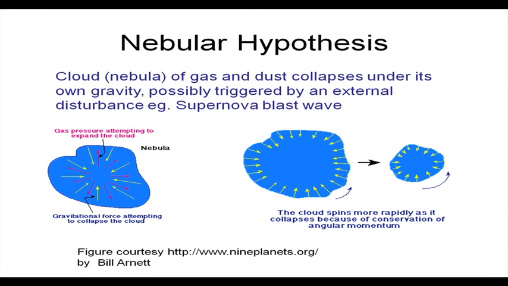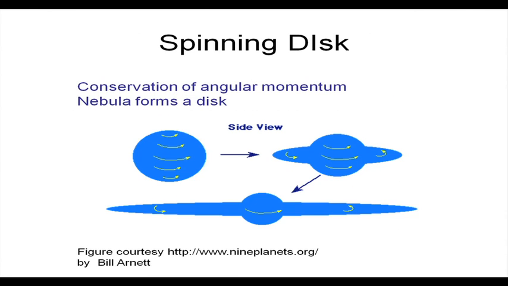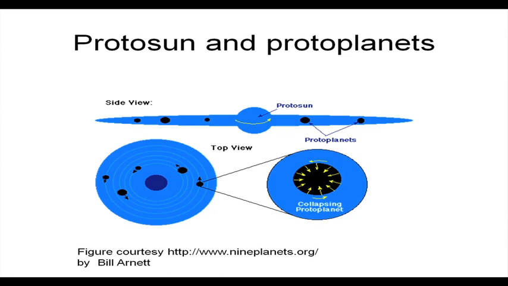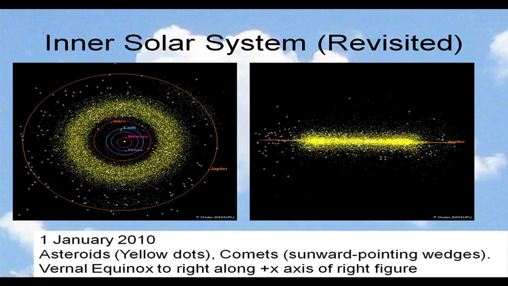This can be explained in terms of the formation of the solar system, and it is now believed that the solar system formed from the gravitational collapse of a rotating spherical cloud of gas and dust, and this collapsed to form a rotating disk, which then fragmented to give the planets that we now see.